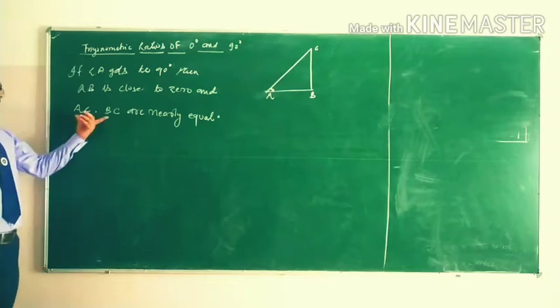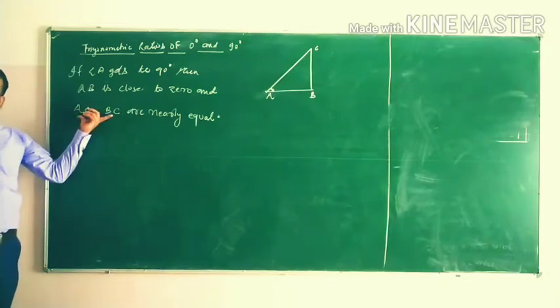Okay, students? AC and BC are nearly equal. Okay?